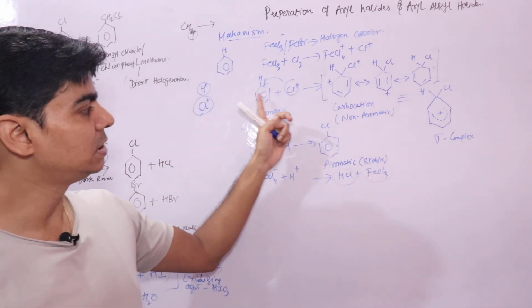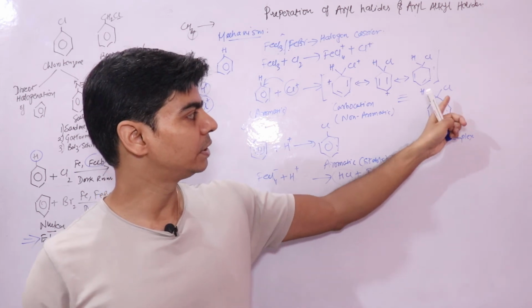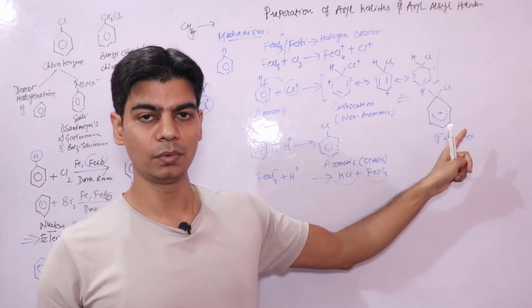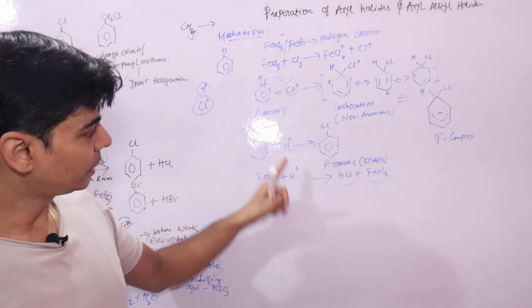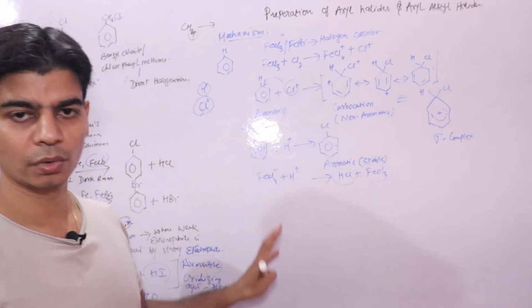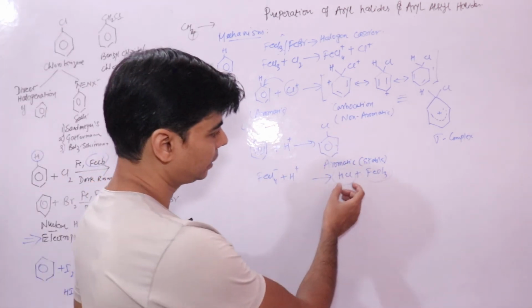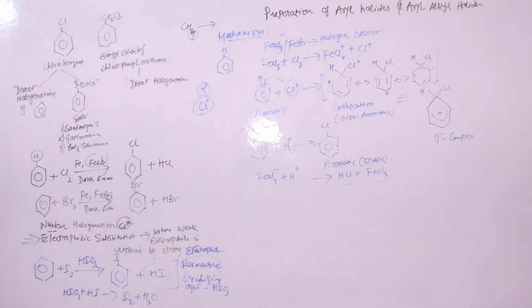Chloronium will attack the benzene nucleus to form this sigma complex. Why do we call it a sigma complex? Because chlorine is attached to the benzene nucleus via a sigma bond. So it will lose a proton to this base to form the product chlorobenzene. This is its mechanism, and HCl and ferric chloride are formed. I hope this is clear.